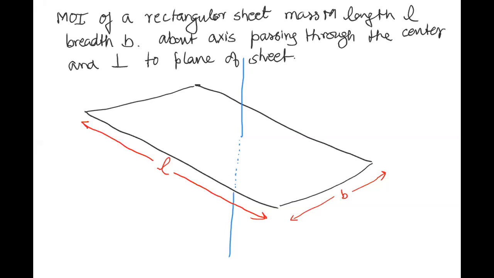See, this rectangular sheet is made up of infinitely many thin rods, out of which I can say that at a distance of x and having a width of dx, this is one rod.